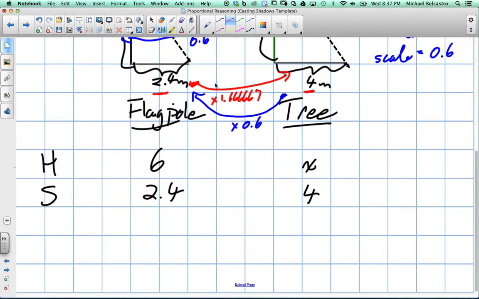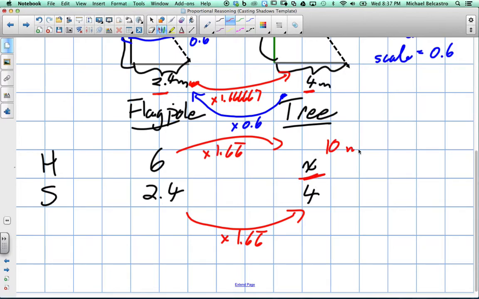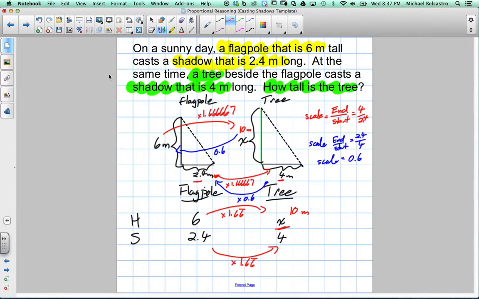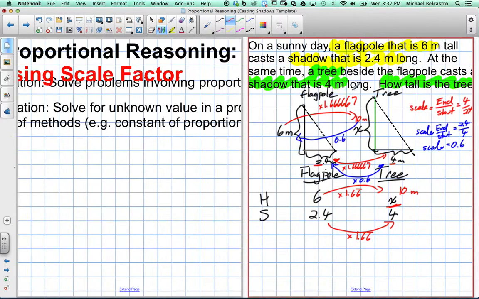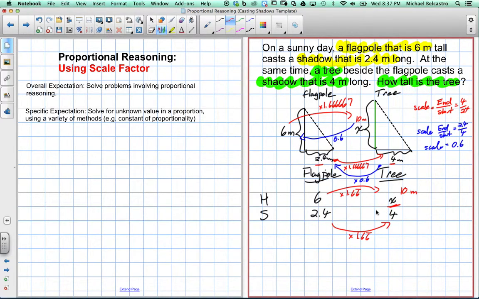You can think of it like this. I just set up my equivalent values, and we figured out we had to multiply by 1.6 repeating, and I would just do the same thing over here if you didn't like the diagram above, and it would give you the exact same value of 10 meters. If you'd like to look at other ways to solve this question, you can check out our other playlists on proportional reasoning.